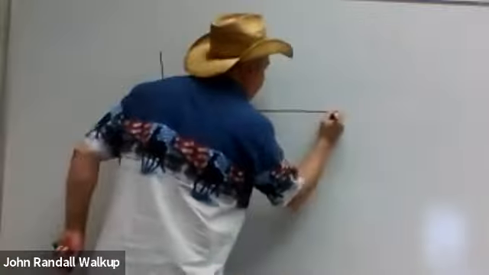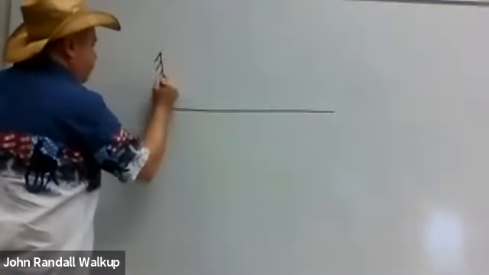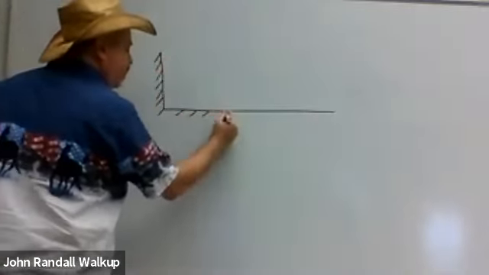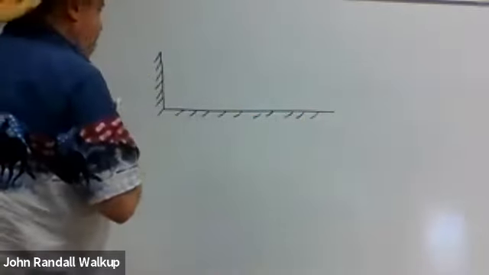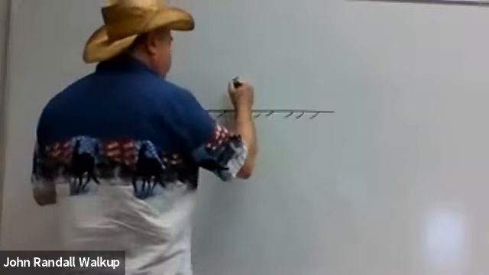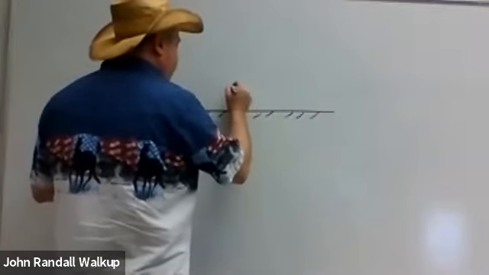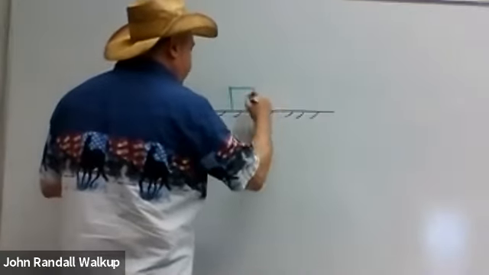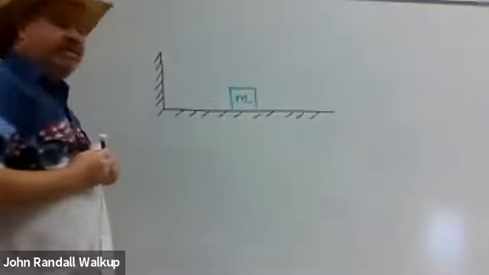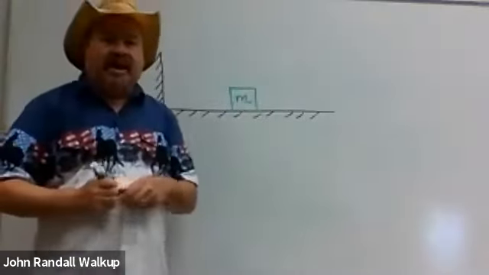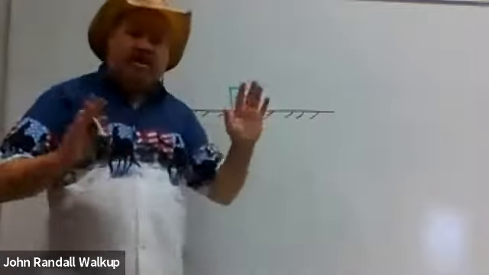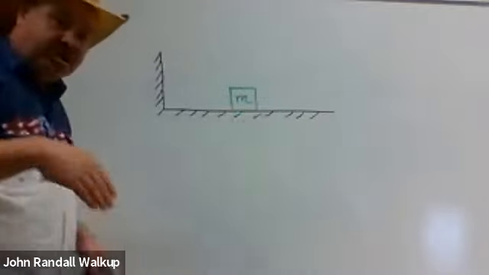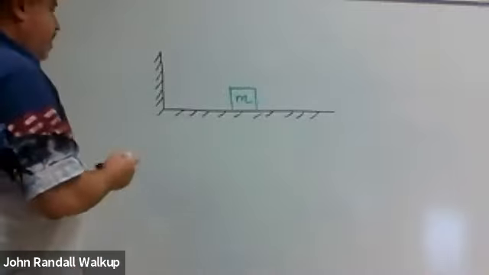So I have here a wall. And resting on the floor is this mass, M. It'd be a block of wood or whatever, okay? And we're going to ignore friction. So this is a very slick floor. We don't have to worry about friction here. We'll introduce friction later as a complicating factor.